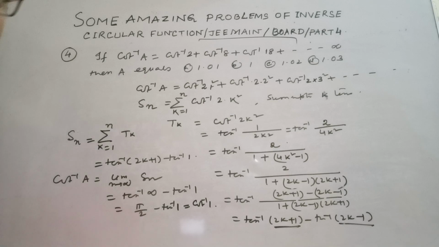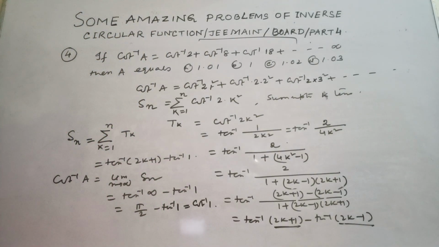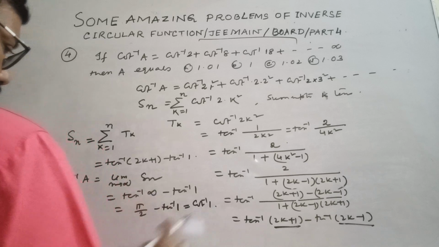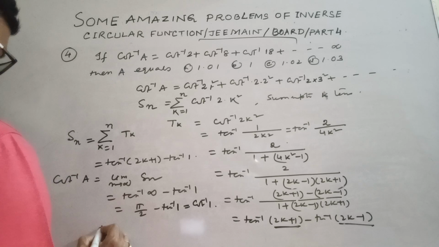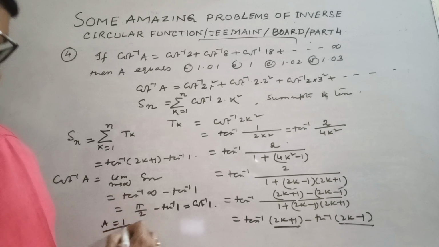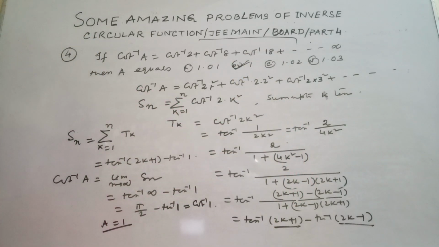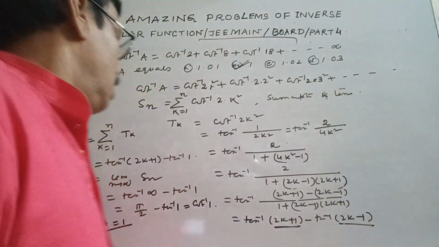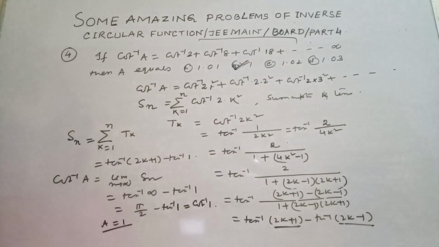Cot inverse 1, pi by 2 minus tan inverse 1, because the LHS is in terms of cot inverse. So what is A? A equals 1. So B is our final answer.